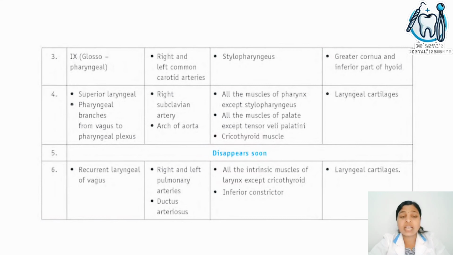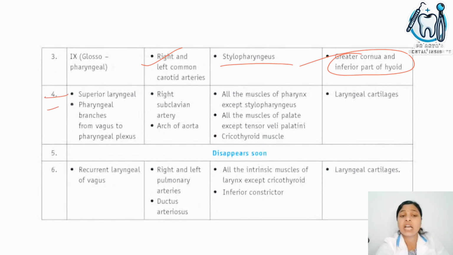Then third arch, the nerve is glossopharyngeal nerve, that is ninth cranial nerve. Here right and left common carotid arteries, and it supplies the muscle stylopharyngeus. And the skeletal components are greater cornu and inferior part of hyoid bone.